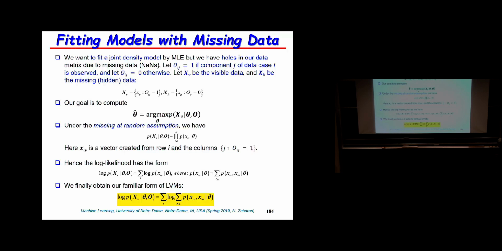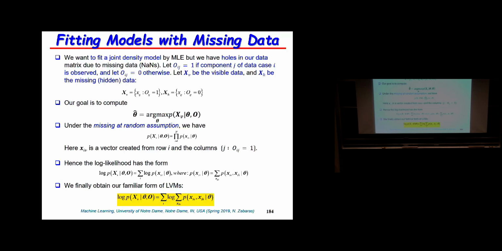So I'm going to integrate them out. So basically, the likelihood that we want to maximize with respect to the parameters is really nothing else but a summation over the data points, right? You think of your data matrix X of all the rows, and then of the log, and you write the likelihood for each data point to be a summation where you are integrating out the hidden variables in that row. Nothing fancy, right? I mean, you can do basically the same algorithm to fill the gaps in an image.